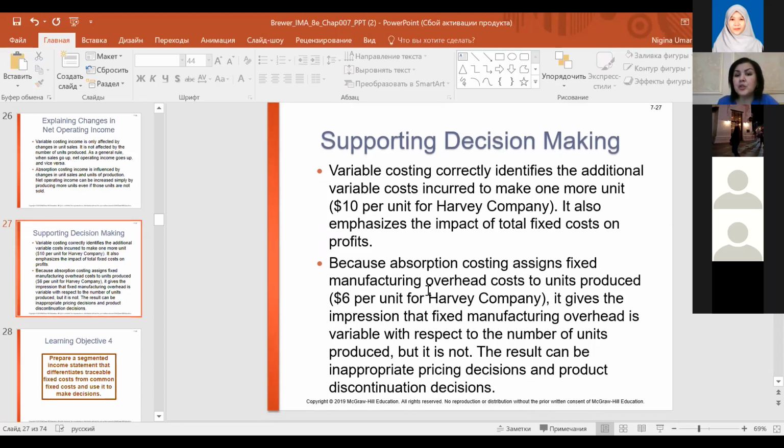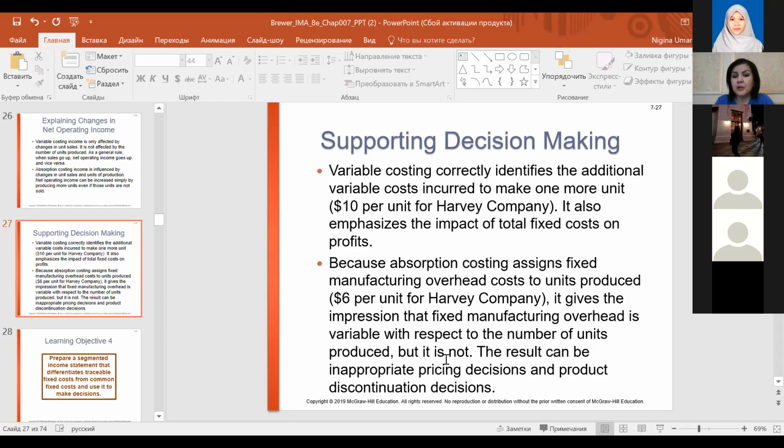And because absorption costing assigns fixed manufacturing overhead costs to units produced, it gives the impression that fixed manufacturing overhead is variable with respect to the number of units produced, but it is not. You remember, fixed manufacturing overhead is not variable manufacturing overhead. It seems as if fixed manufacturing overheads are variable, but in fact they are not.